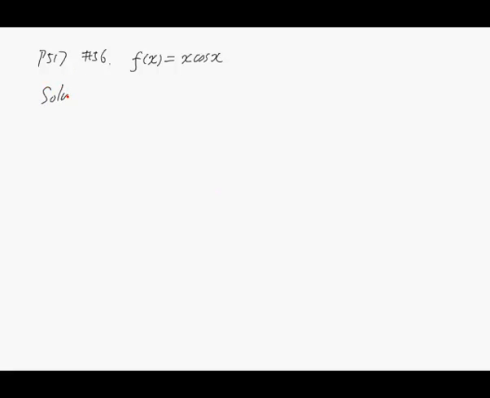So first, let's get f of negative x. Just replace x by negative x. And we know cosine is an even function, right? So that means cosine of negative x is equal to cosine x. So from here, we get negative x times cosine x.